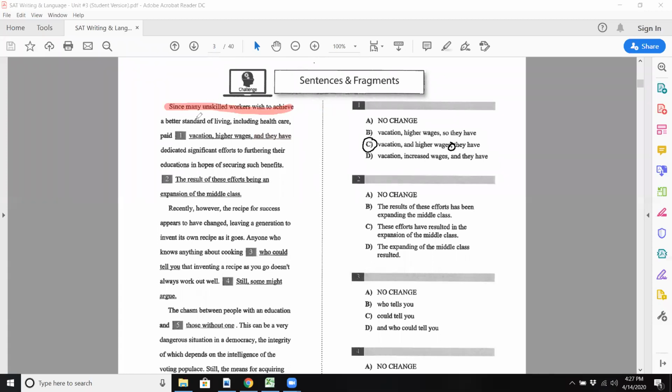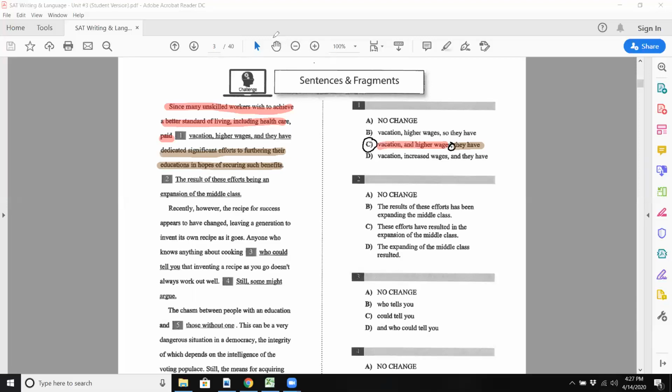Since many unskilled workers wish to have better standard of living, including healthcare, paid vacation, and higher wages, they have dedicated efforts to further their education hopes of securing such benefits.